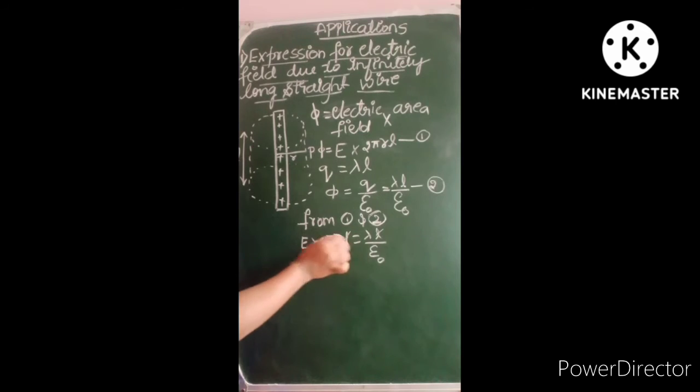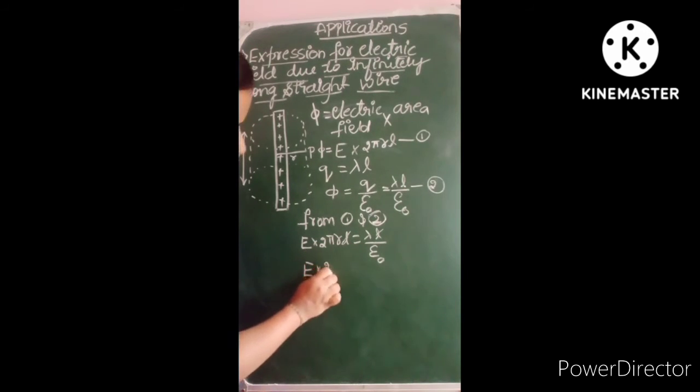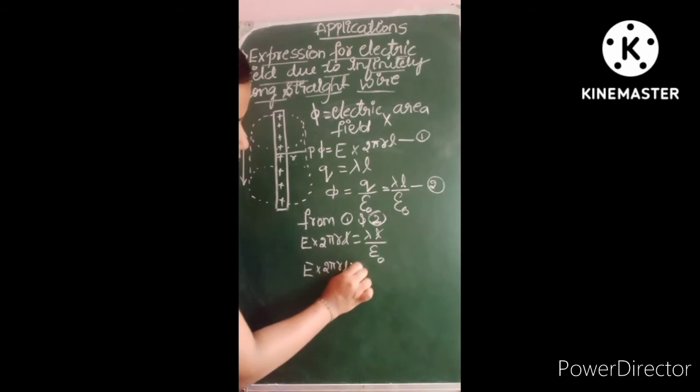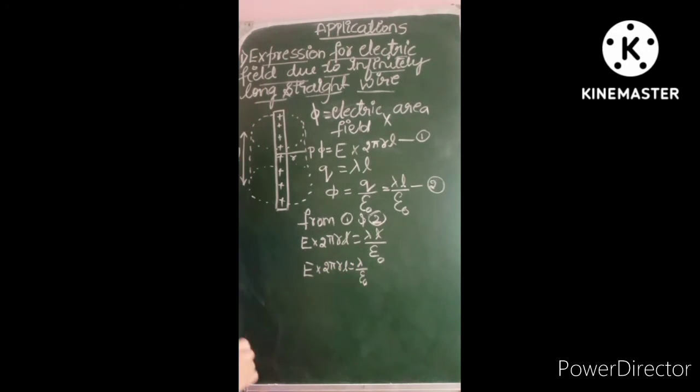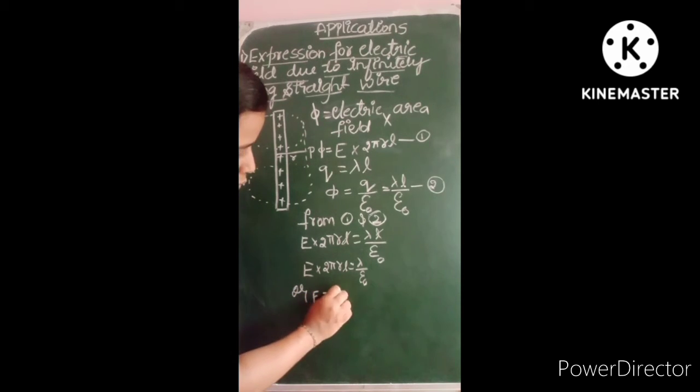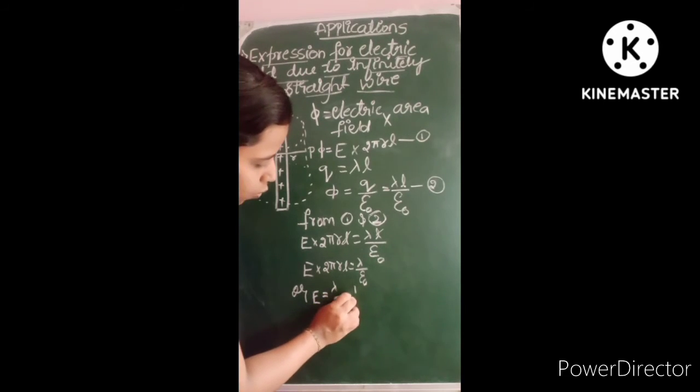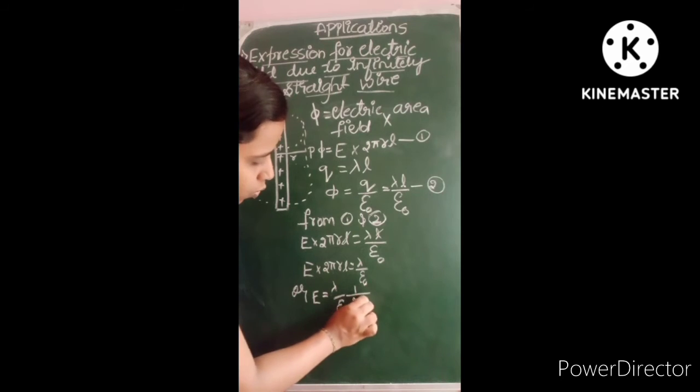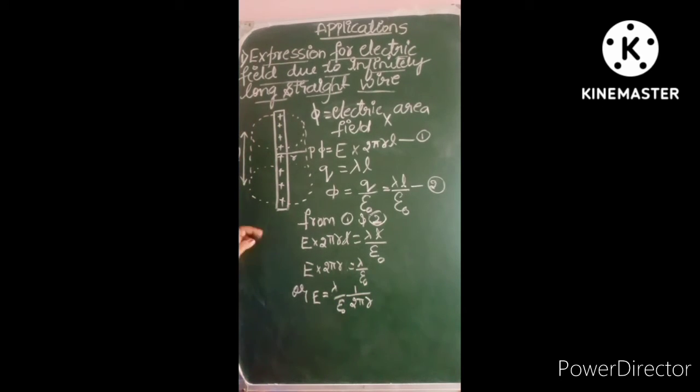Here L and L get cancelled. From this equation, E into 2 pi r is equal to lambda by epsilon naught, or E is equal to lambda divided by epsilon naught into 1 divided by 2 pi r. This is the expression for electric field due to an infinitely long straight wire.